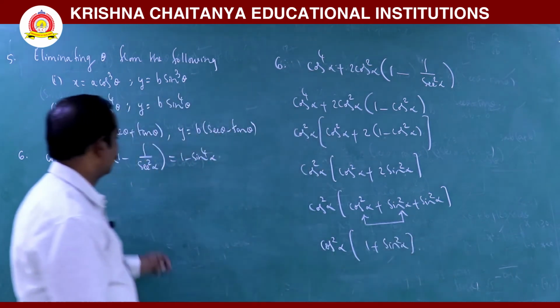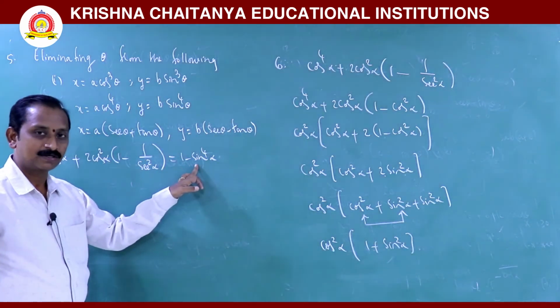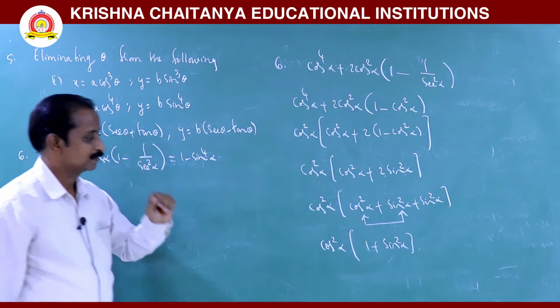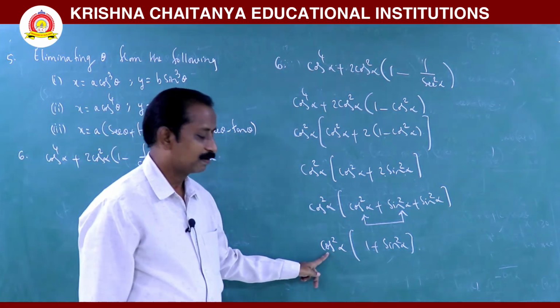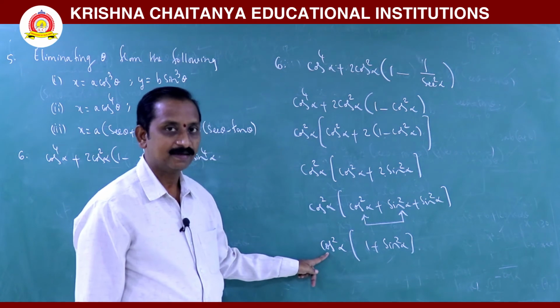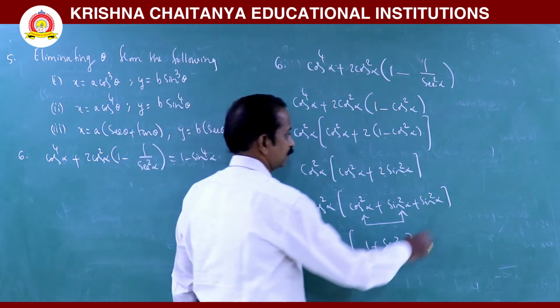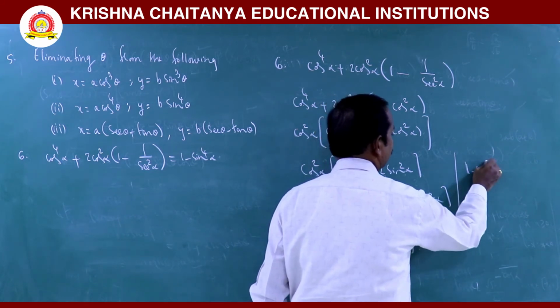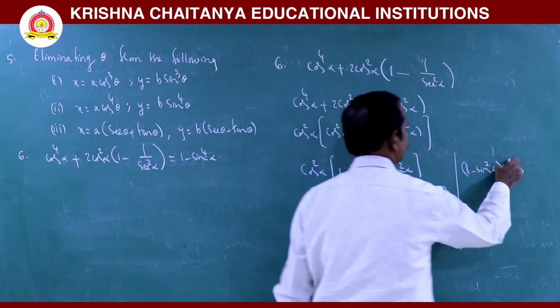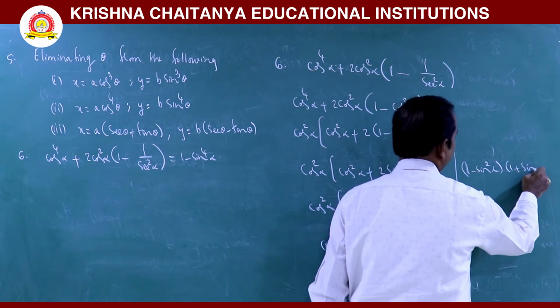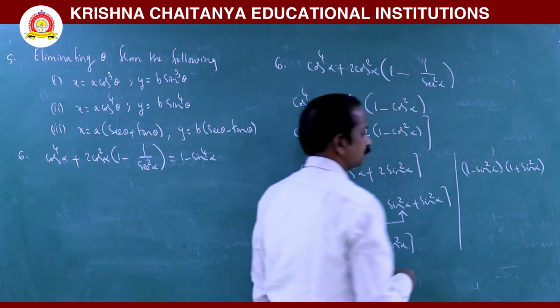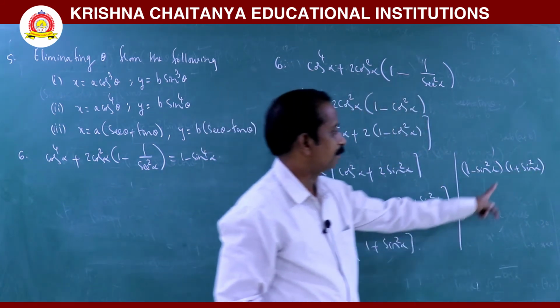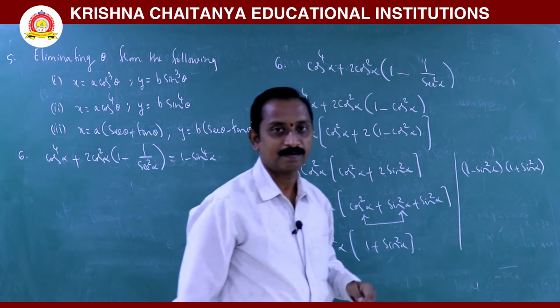But our result on the RHS is totally in terms of sin. So that's why cos square alpha can be written, from the identity, as 1 minus sin square alpha. So therefore 1 minus sin square alpha into 1 plus sin square alpha. Again observe, it is in the form a plus b into a minus b, which is a square minus b square.